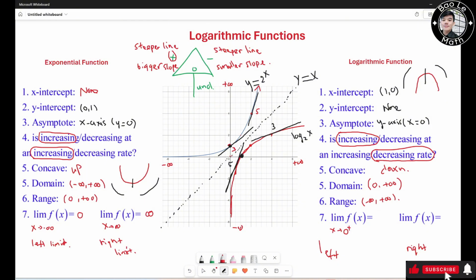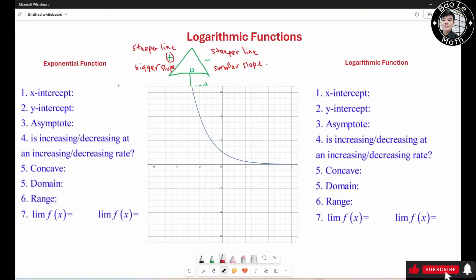It could be somewhere right here. You see that the function approaches negative infinity because it keeps going down. So this is negative infinity. Now the right limit: the limit of f of x when x approaches positive infinity. The function approaches positive infinity because it keeps going up, right? So this is positive infinity.